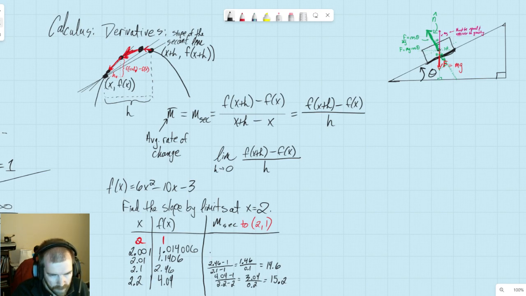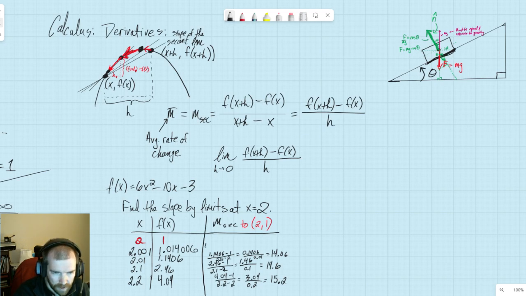Okay, this is going to be 1.1406 minus 1 over 2.01 minus 2. Oh, that's a 2 on the bottom. It's going to be 0.1406 over 0.01, which is going to be 14.06.